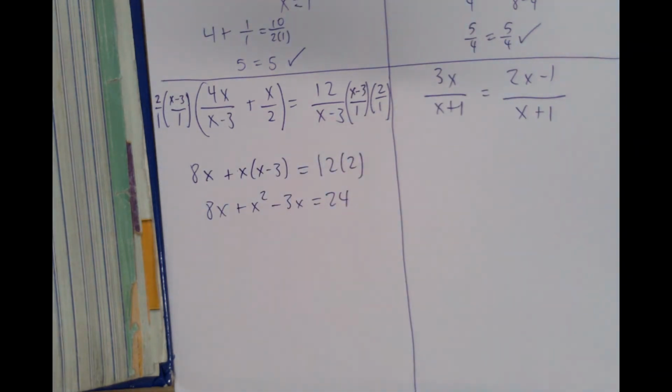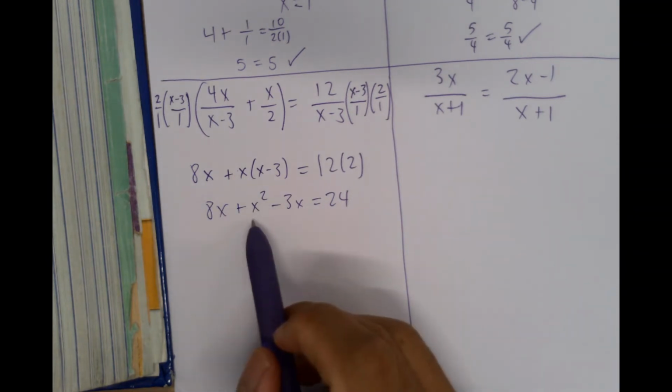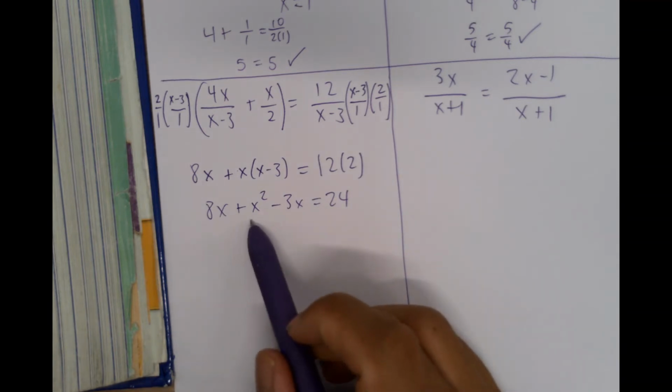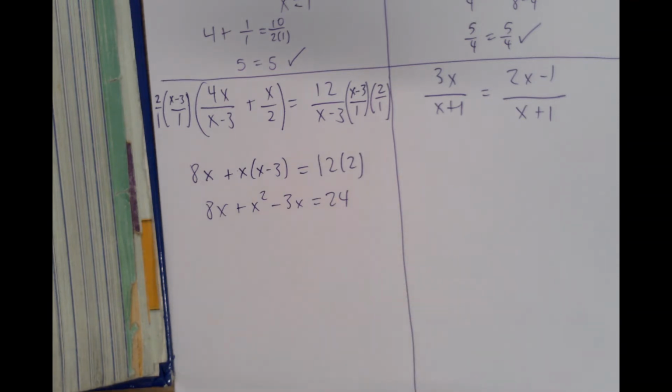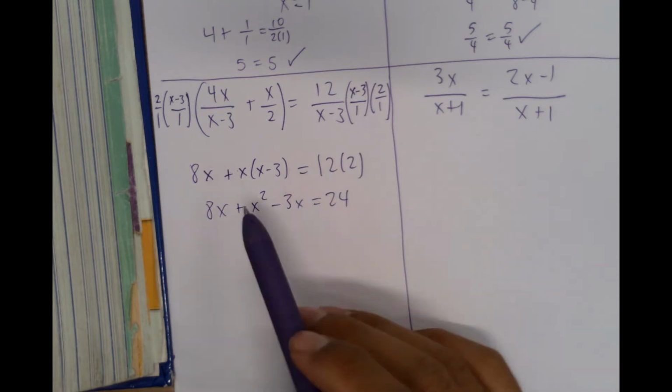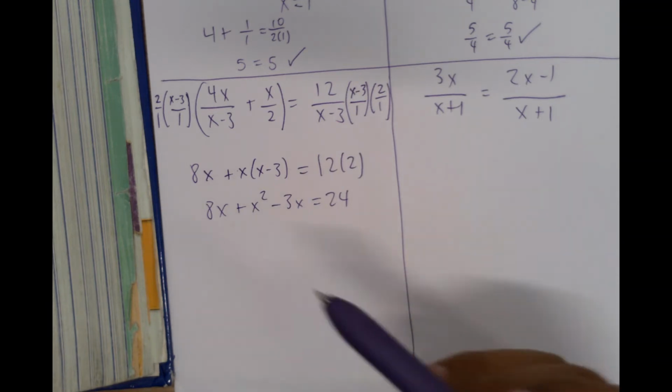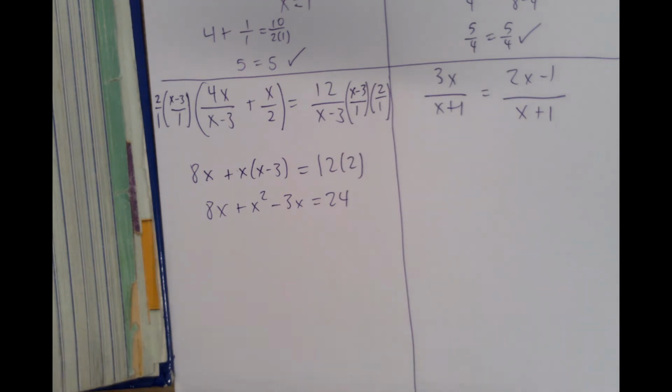And remember that when we're left in this scenario where we have an x squared and a negative something x, we want to make sure we move everything to one side, and we want to make sure our x squared is positive so we can factor, okay? If we have an x squared and other x's, we want to move everything to one side so we can factor, because you can't solve it normally.